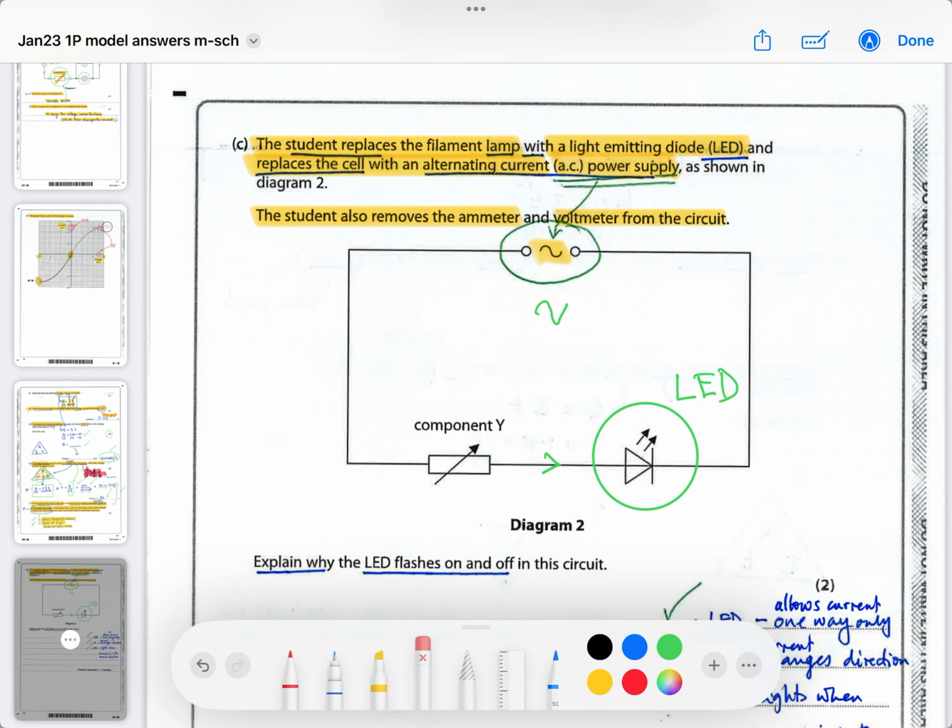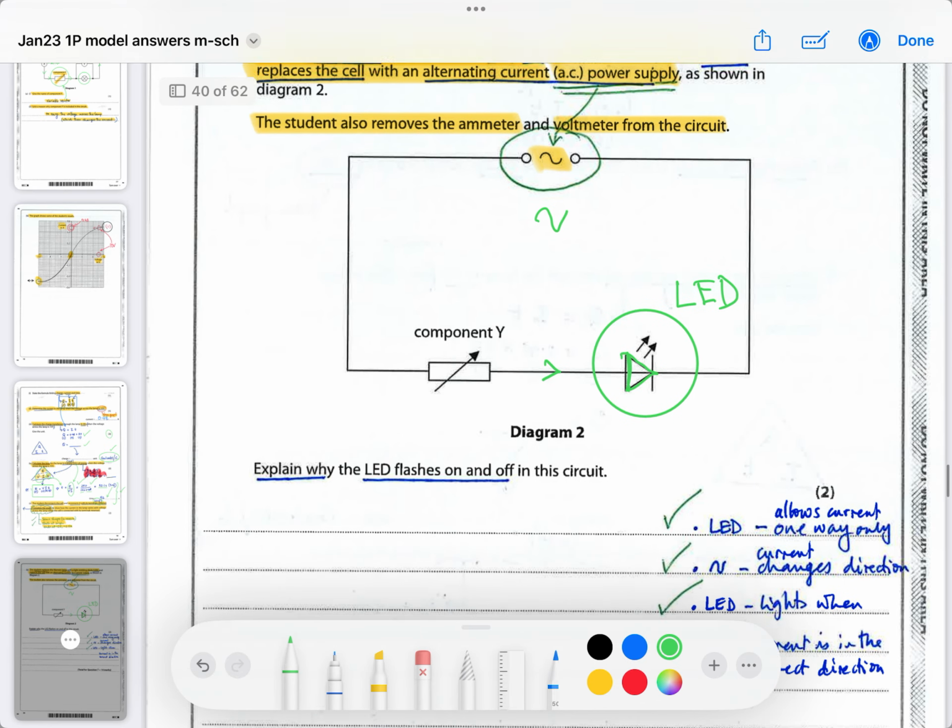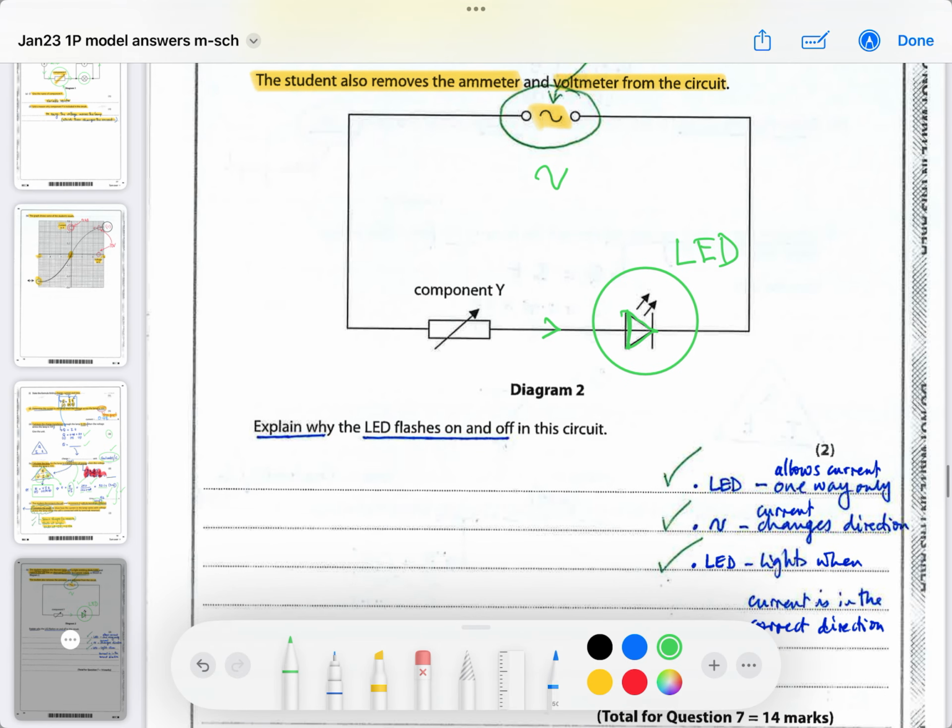So the current can only go through, think of this as an arrow. The current can only go through when it's in the direction of this triangle. Okay? Has to go in that way. So that means only half of the time will it be able to get through the LED. Okay? The rest of the time it will be blocked. It's like a one-way street, as we said.